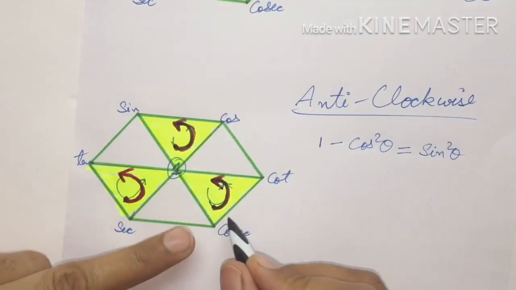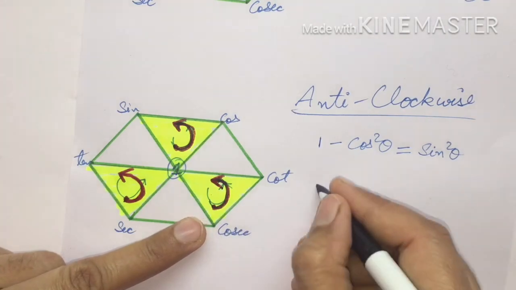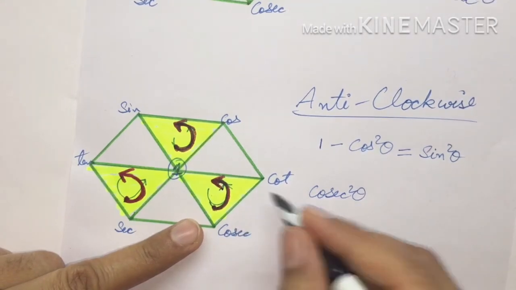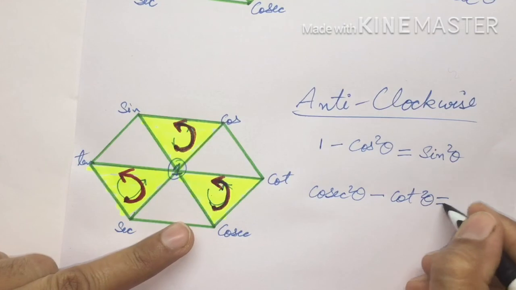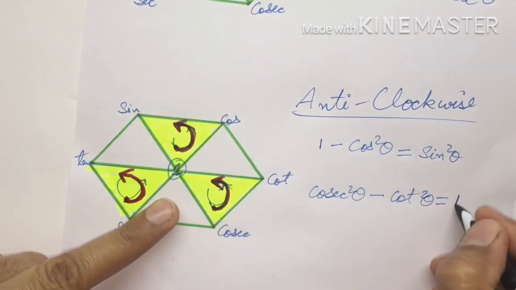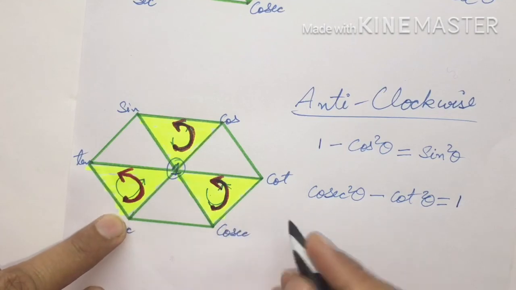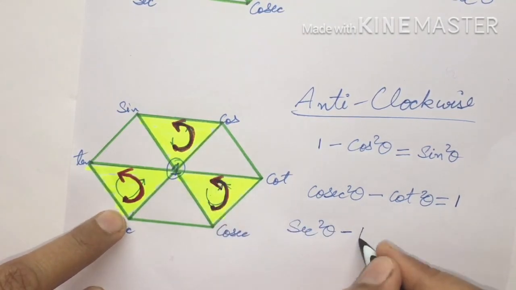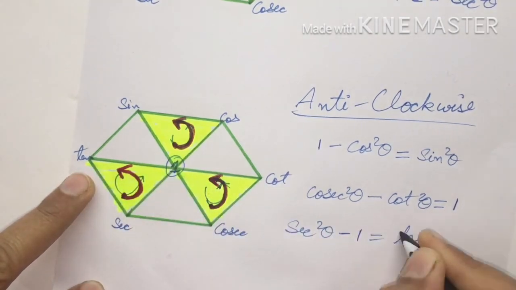In the second triangle, we start from the cosecant, so we write cosecant square theta minus cot square theta is equal to 1. In the third triangle, secant square theta minus 1 is equal to tan square theta.